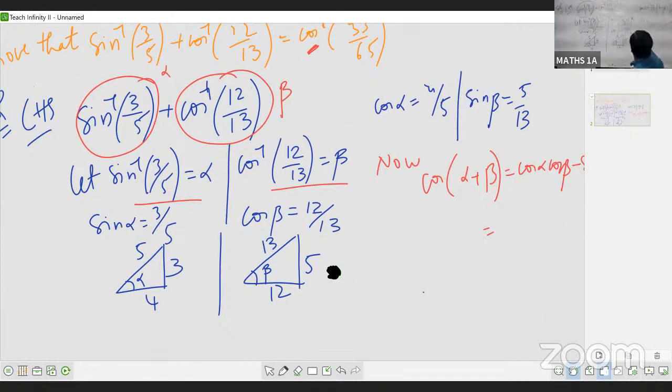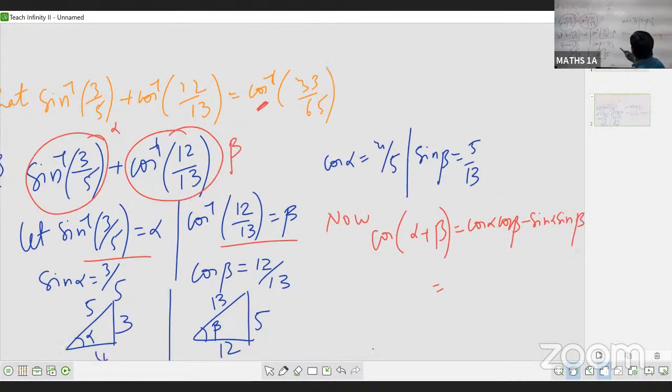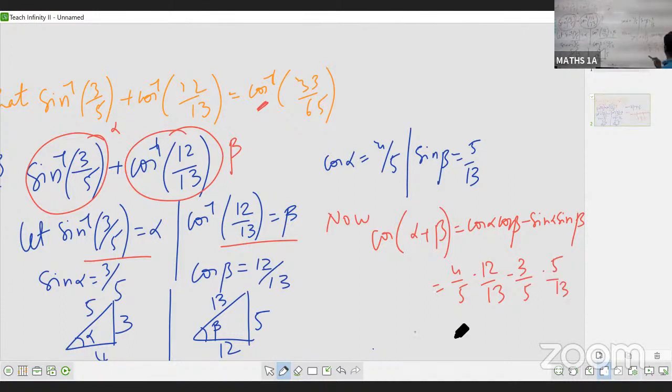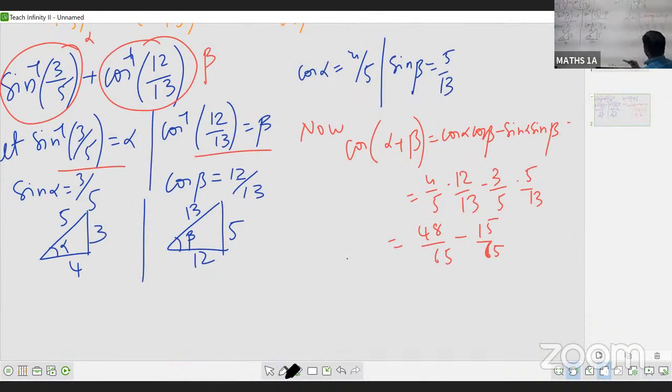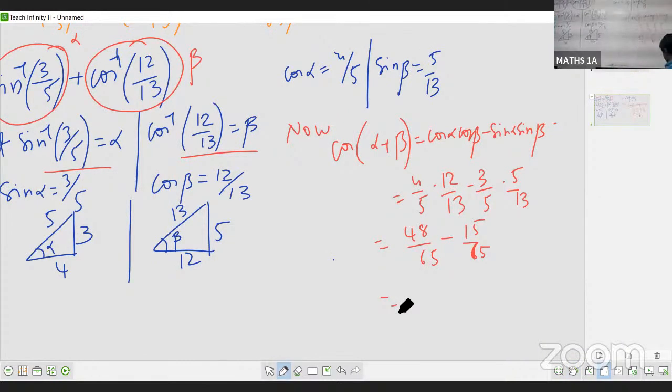Cos alpha is 4 by 5, correct? What is cos beta? 12 by 13, minus what is sin alpha? 3 by 5. What is sin beta? 5 by 13. So 12 fours are 48 by 65 minus 5 threes are 15 by 65. Is it clear? That is nothing but 48 minus 15 is how much?